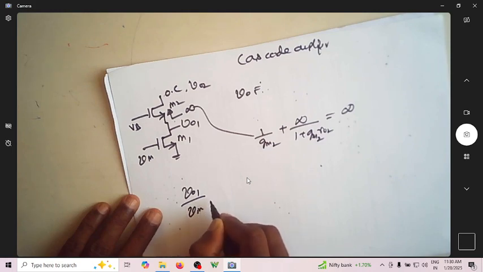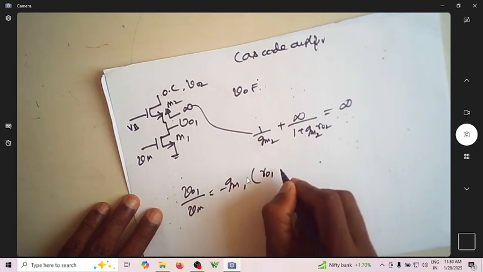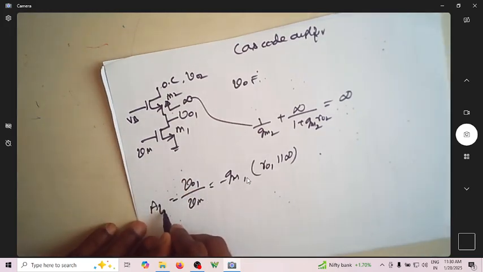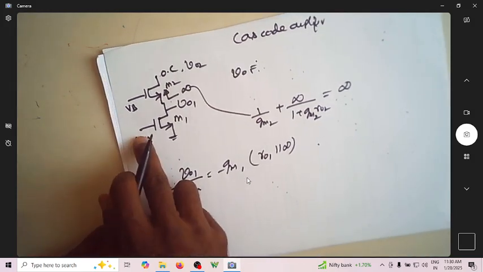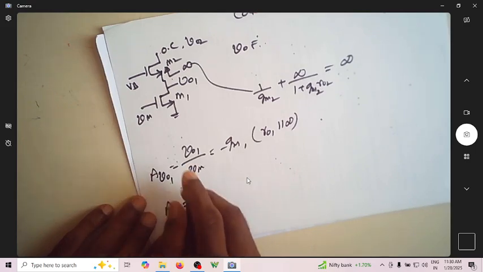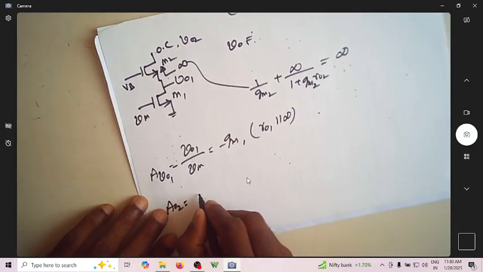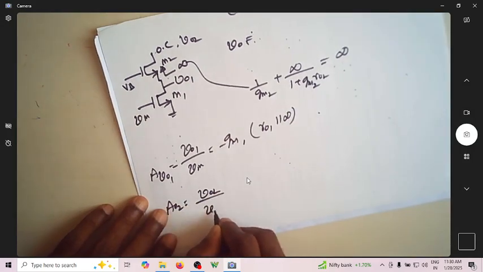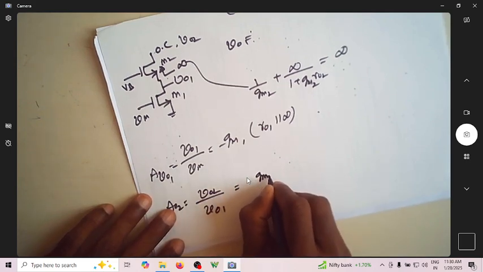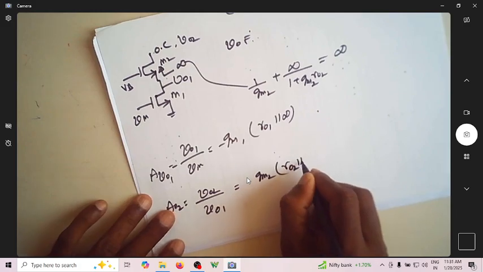Vo1 by Vin is nothing but minus gm1 into ro1 parallel with infinity. I will call this Av01. And what is Av02? Now this is an open circuited thing, so Vo2 by Vo1 is nothing but gm2 multiplied by ro2 parallel with infinity.